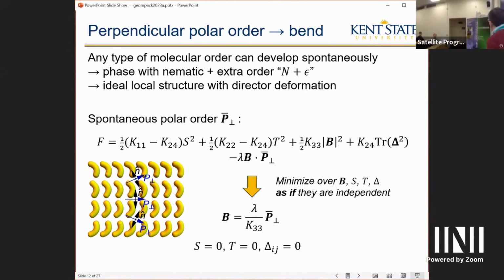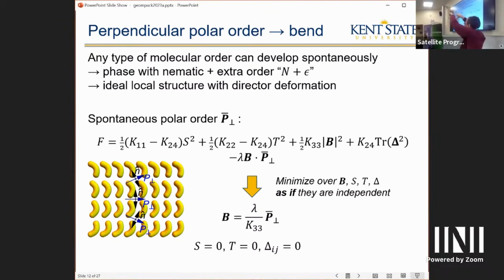For example, let's think about bend. It is a vector perpendicular to the director. Suppose you have molecules that are shaped like bananas, and they have some tendency to order the sideways axis. In the typical uniaxial phase, the bananas are lining up vertically, but the sideways axis is random.